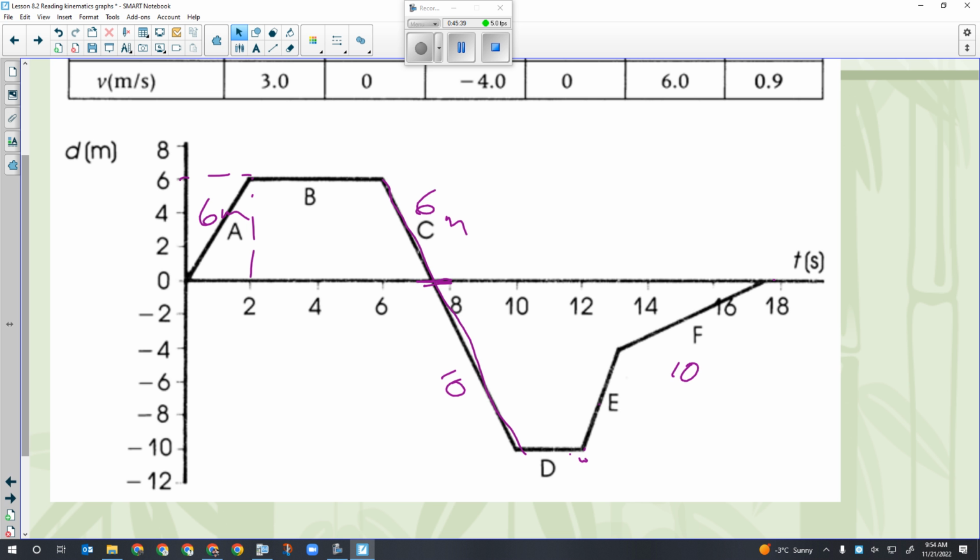Assuming this whole trip takes 18 seconds, we'll just say it ends here. What's the object's speed? It's not quite 2, it's a little less than 2.